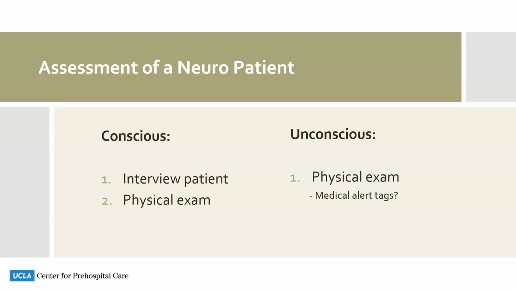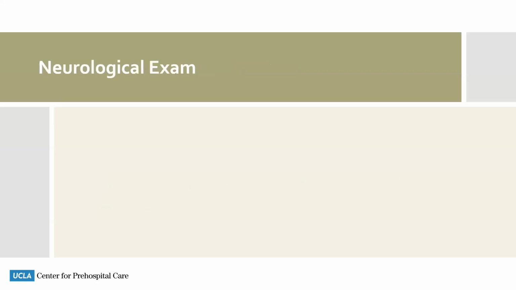Does he have a medical alert necklace, a bracelet? What do you see if you're at his home? What do you see for medications? That sort of thing. You want to interview the bystanders and see what kind of information they have before the incident and what he was like then.